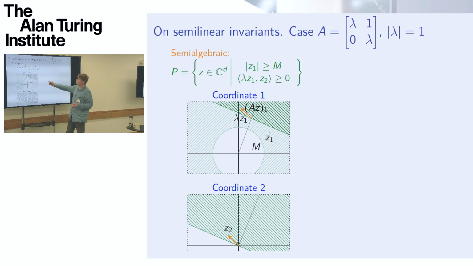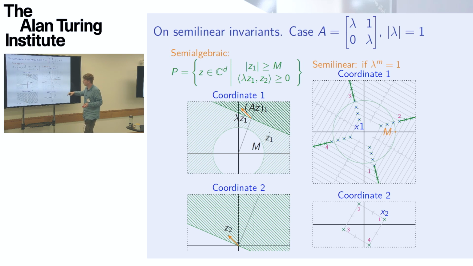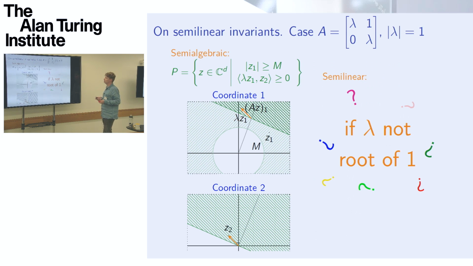If lambda is a root of unity, I can still have a semilinear invariant. I'm not going to detail it, but there's still a way to write this in a semilinear setting if lambda is a root of unity, because we have basically a finite union. But if lambda is not a root of unity, then this fails. There's no semilinear invariant.